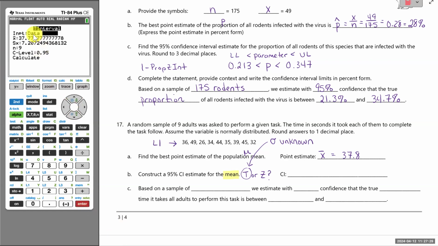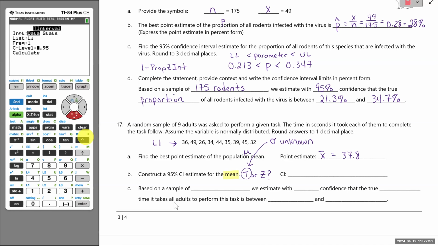And then in this case, they gave me the data. So I'm going to select input data. And you want to make sure the list says L1, assuming you put your data also in L1. Frequency stays 1, confidence level 0.95, and calculate.